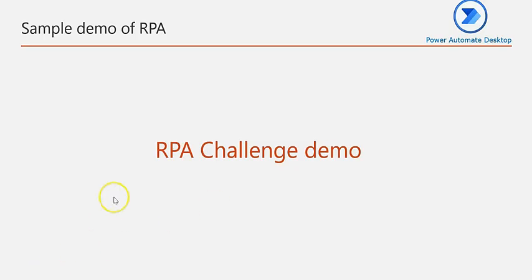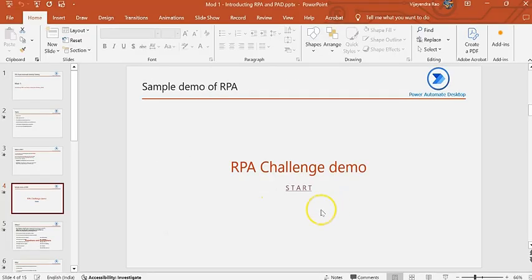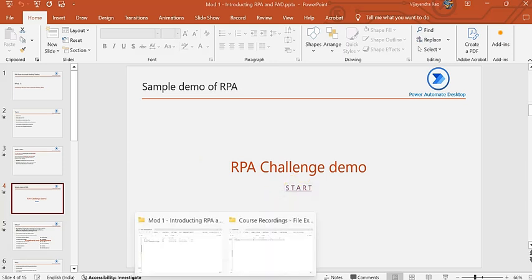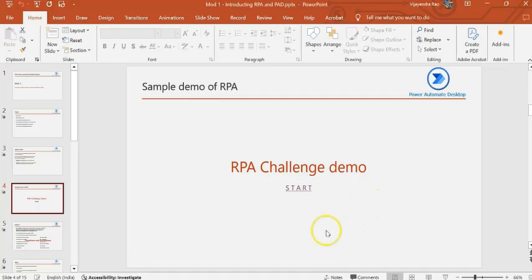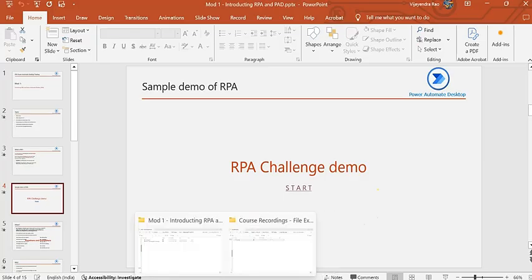No. Okay, good. So we'll start the process using Power Automate Desktop just to give an idea. Before that, we'll look at what happens in this challenge so you'll be able to relate. Specifically useful for non-RPA folks.